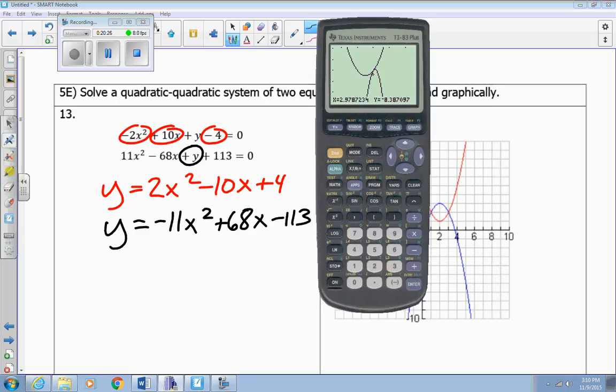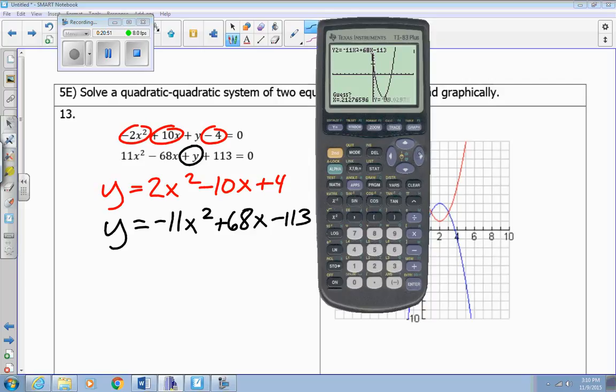If you don't zoom in to tell if there's one or two intersections, what I would do is second trace, intersect number 5, first curve enter, second curve enter, guess, move the tracer closer to the intersection.